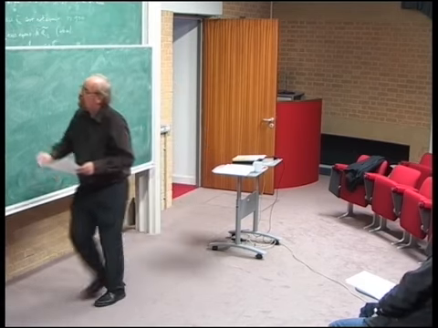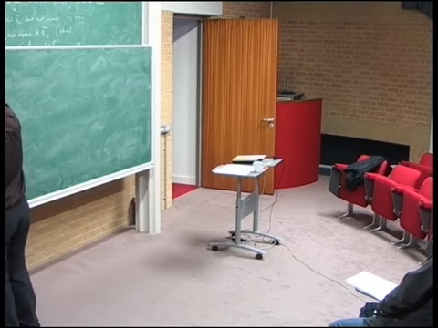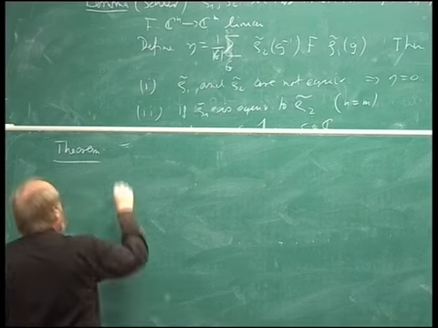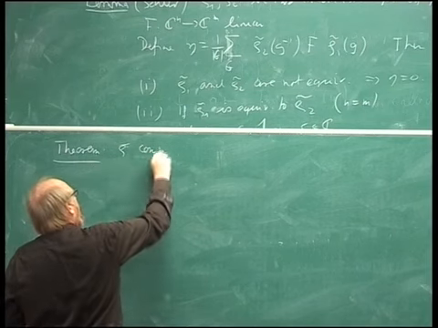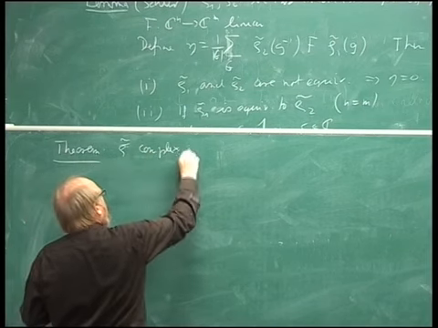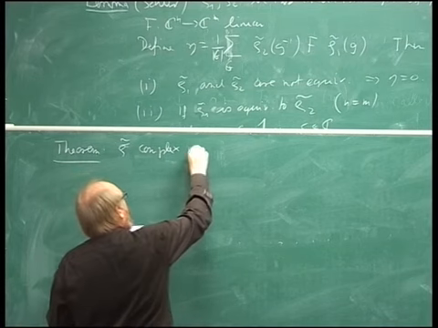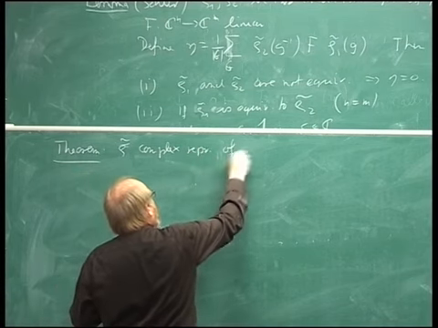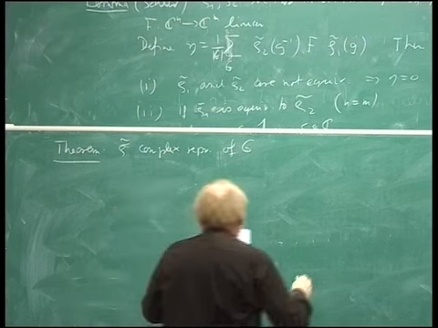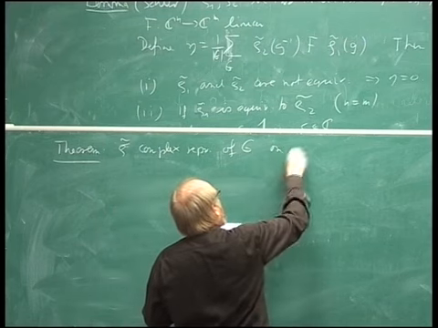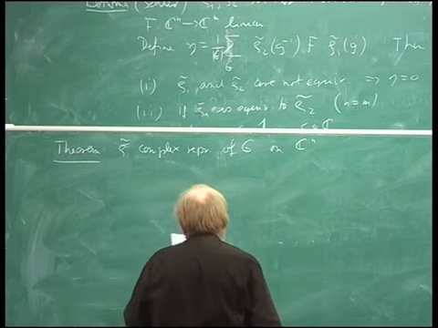So we have the following theorem. Let rho tilde be a complex representation of G on Cn.